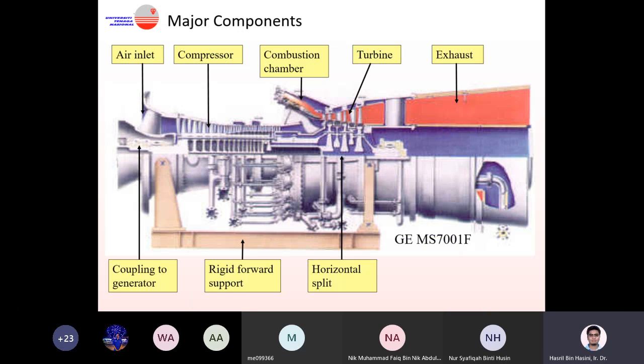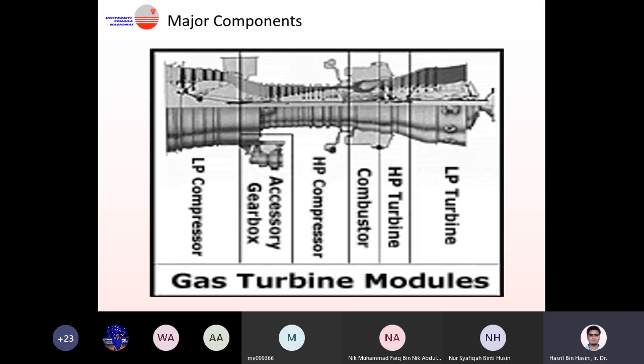If you look at the GE model, it is actually a similar thing. You have an air inlet, a compressor, and then a combustion chamber. You have a turbine towards the end, and at the end you have the exhaust ducting. So those are the important components.